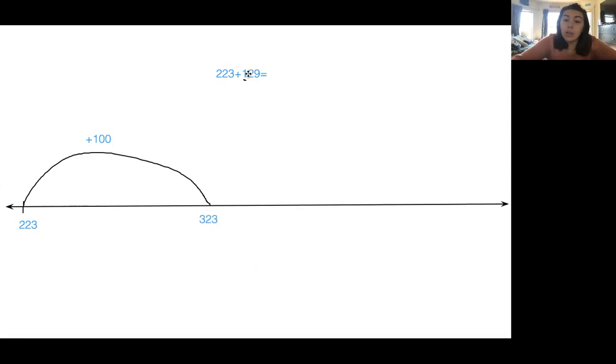So now I'm going to jump by, let me erase this little guy. So now I need to do how many jumps of 10? I need to do 2 jumps of 10. So what's 10 more than 323? So it's 333. So I'm going to label that down here. So I've jumped to 333.